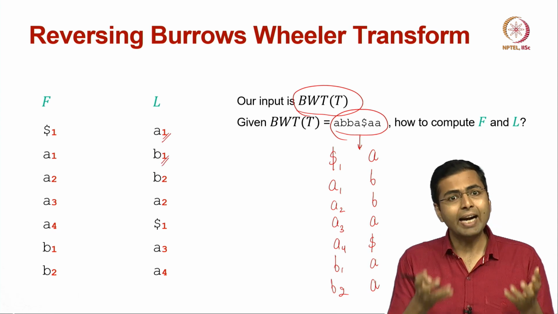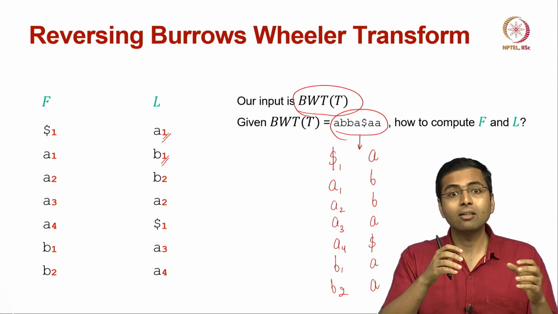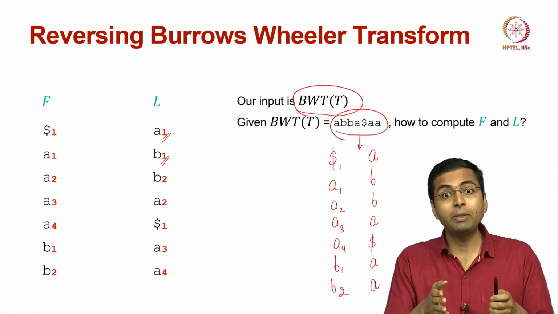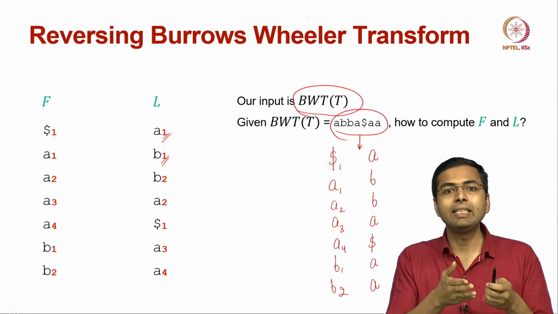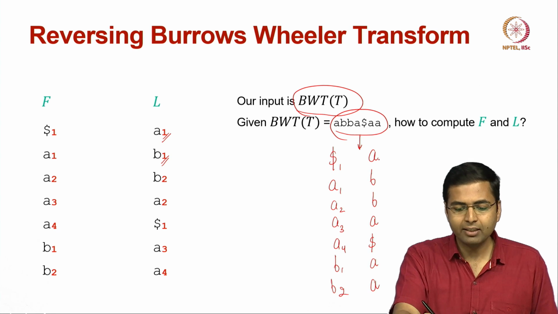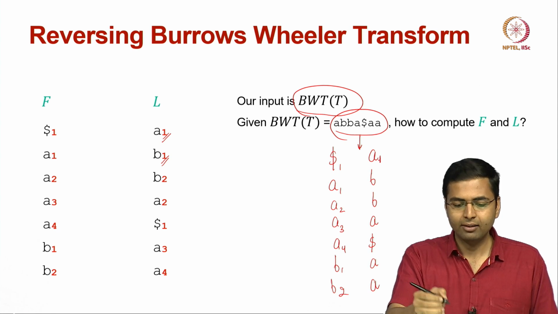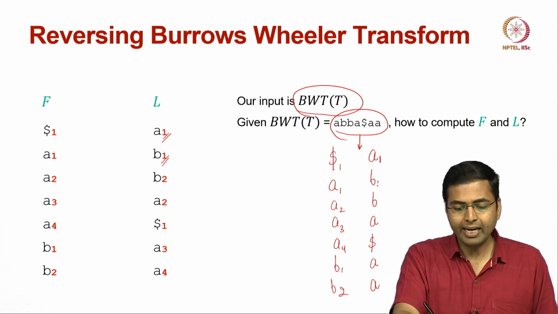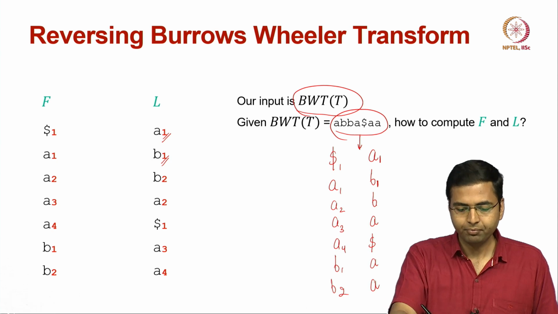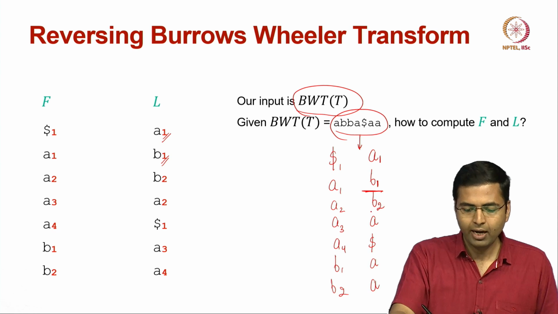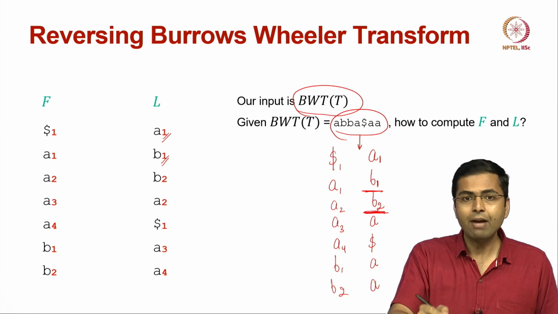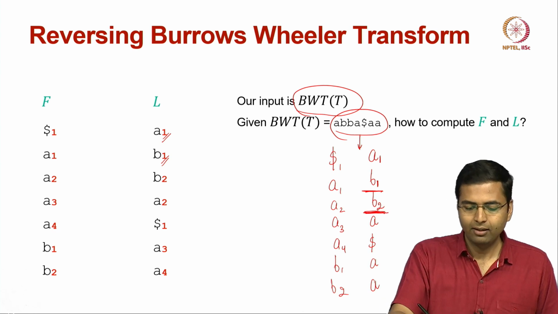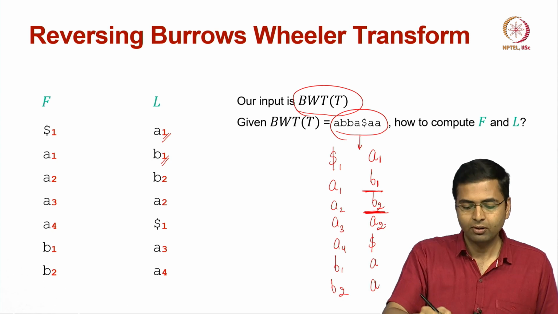Well, for that we know that the rank of these characters is preserved, that we have already seen. So, therefore, the first A character can be given a rank 1, the next B character can also be given a rank 1. Until here we have already seen one B character, so this has to be given rank 2. Until this point we have seen one A character, so therefore this will be given rank 2.